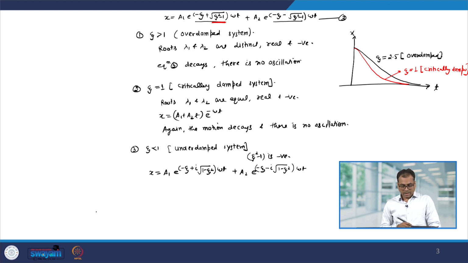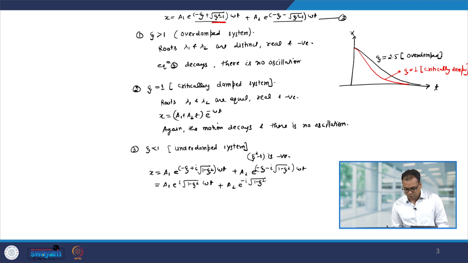Okay. And this equation I can rewrite as a1 e to the power i square root 1 minus zeta square omega t plus a2 e to the power minus i square root 1 minus zeta square omega t, and then the common factor e to the power minus zeta omega t.